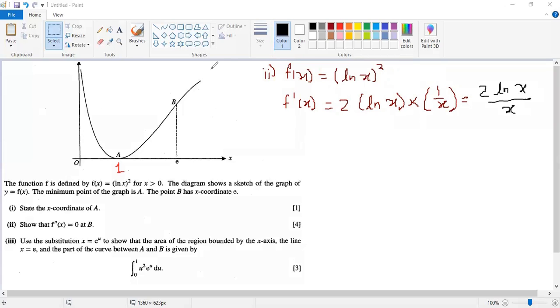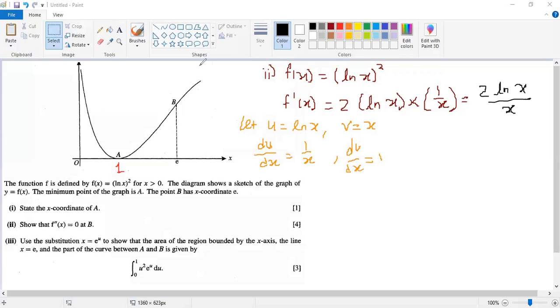Now to do the next part, it's kind of interesting because we let u equal ln x and v equal x. From here, I can easily say that du/dx is 1 over x, and dv/dx is 1.